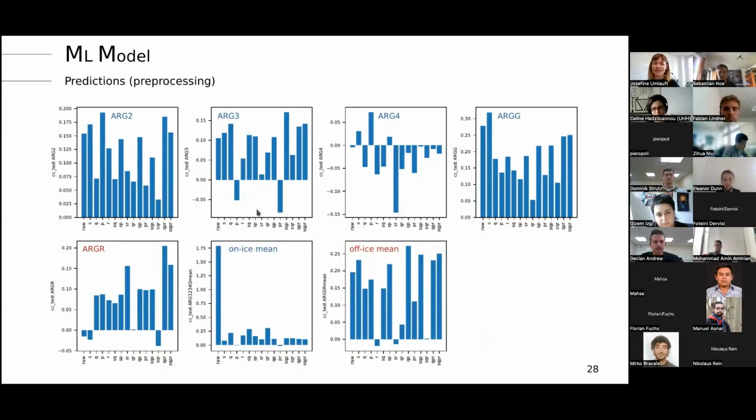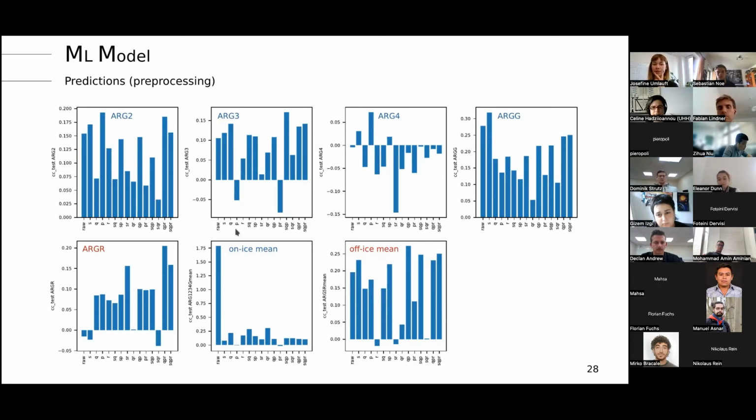As you can see, we sometimes even have negative correlations and very, very low values. The best that we found so far is a correlation coefficient for that ArcG station, which is situated really on top of the glacier, and it has a correlation coefficient of 0.34.